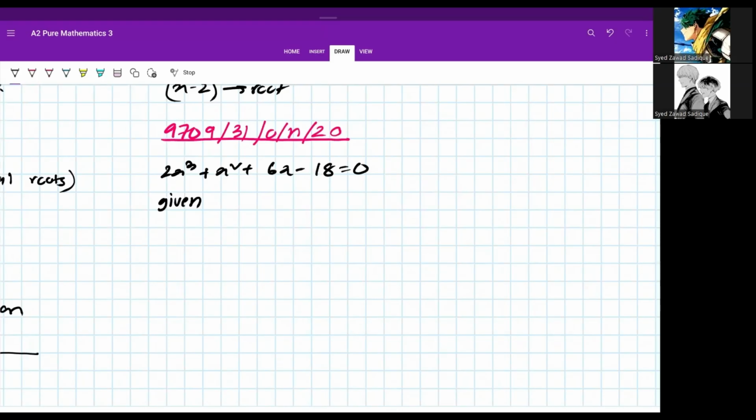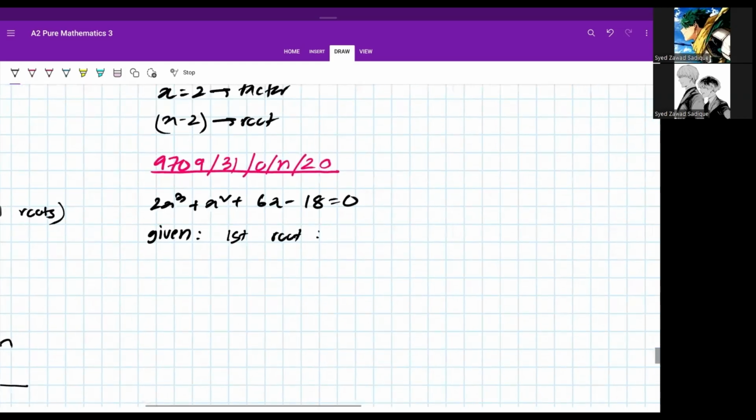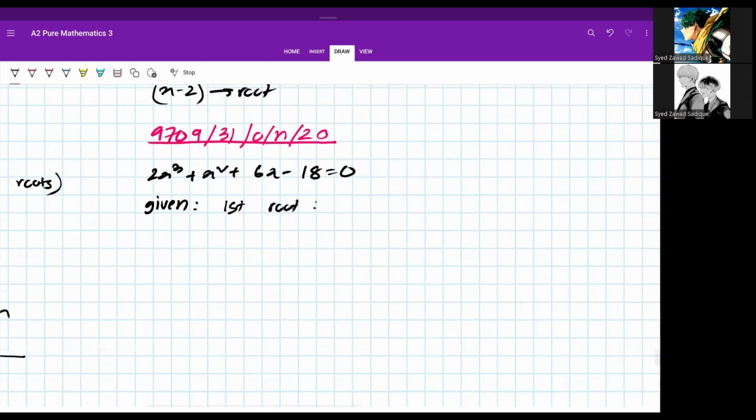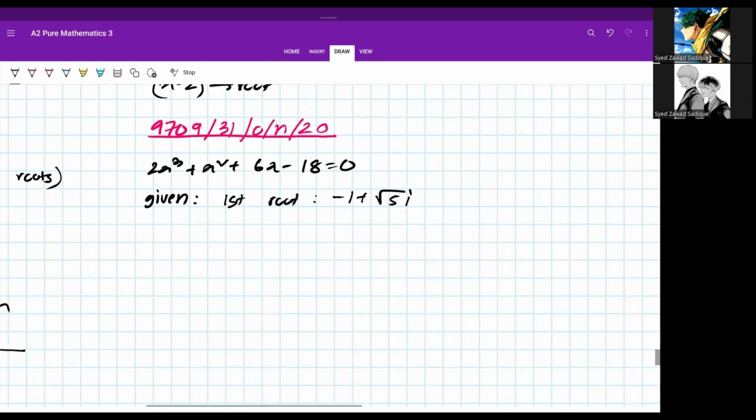Given that the first root is minus 1 plus root 5i.